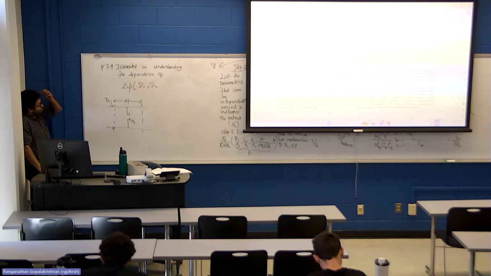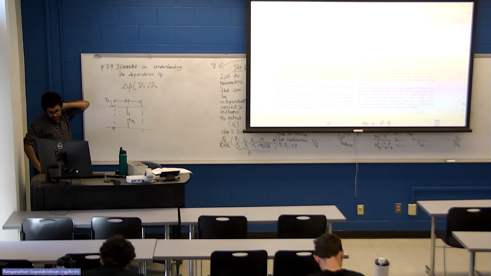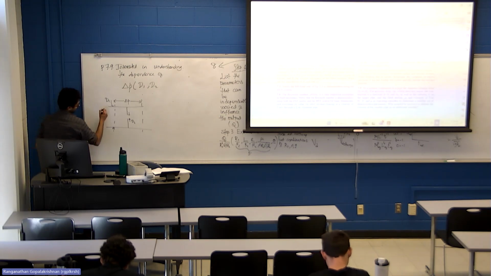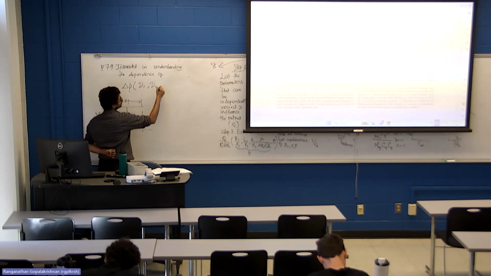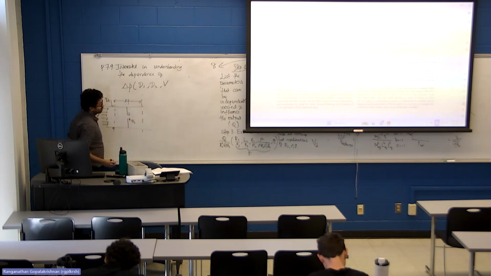So the pressure drop delta P depends on the diameters D1 and D2. It also depends on the velocity in the larger pipe. That is, when the fluid is coming through the larger pipe, we'll consider its velocity to be V. So V also influences the problem.